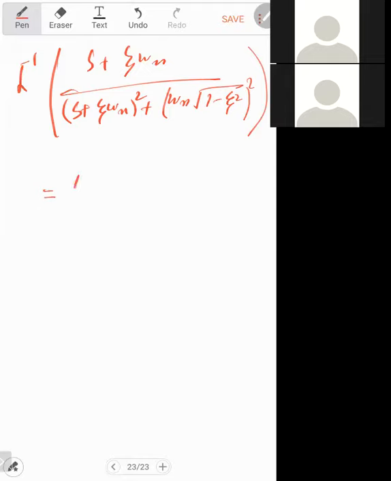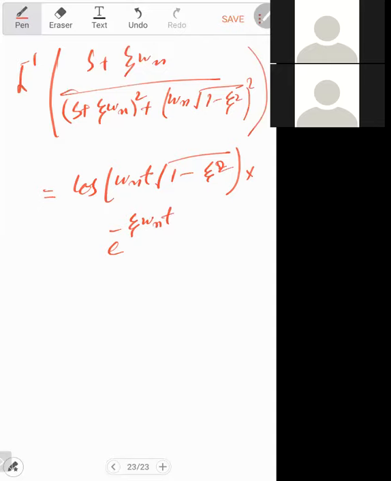This will become equal to cos omega n t square root of 1 minus zeta square, and then multiply with the delay, which is equal to e raised to power minus zeta omega n t.